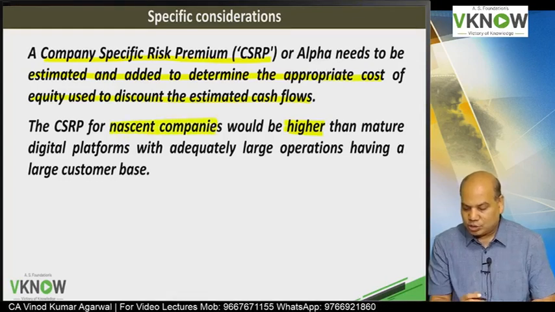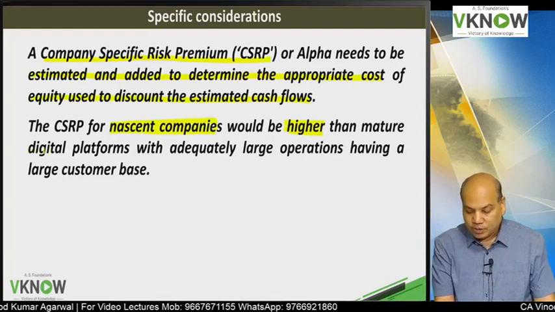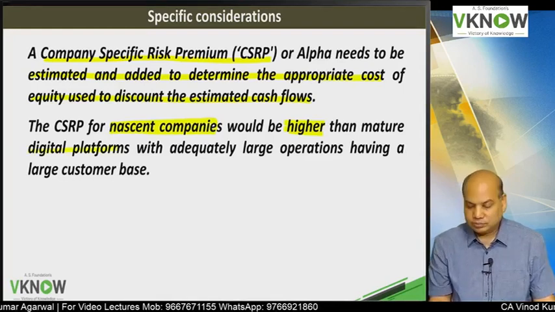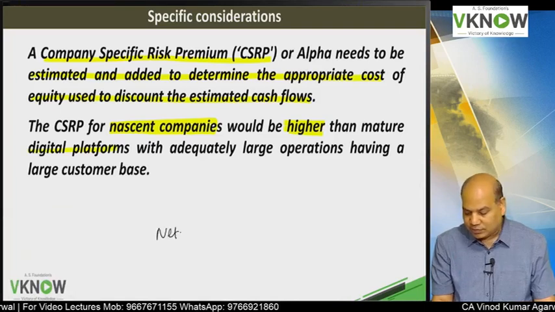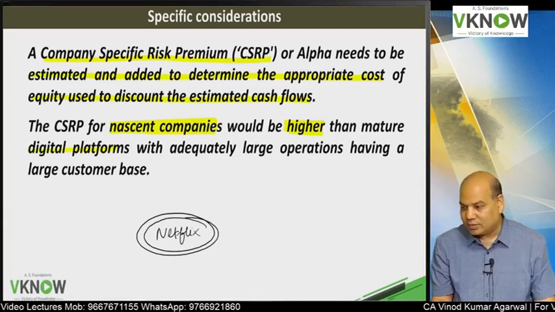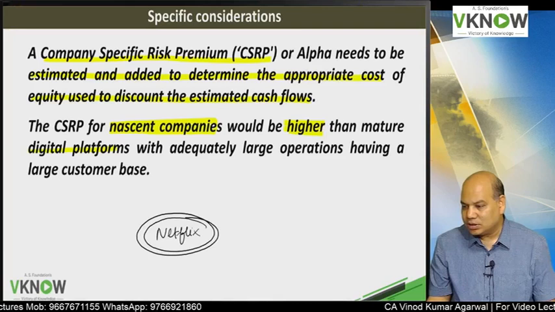Nascent company means new companies, but premium will be lower for mature digital platforms. For example, Netflix is a mature platform. Globally now it is accepted and it has got a stable revenue, stable customer base.